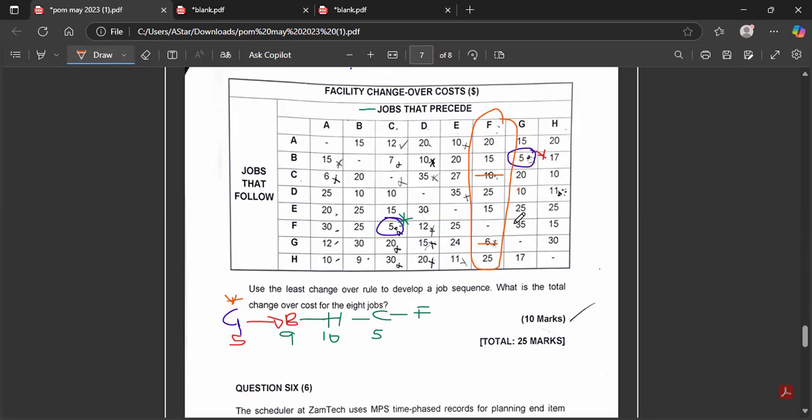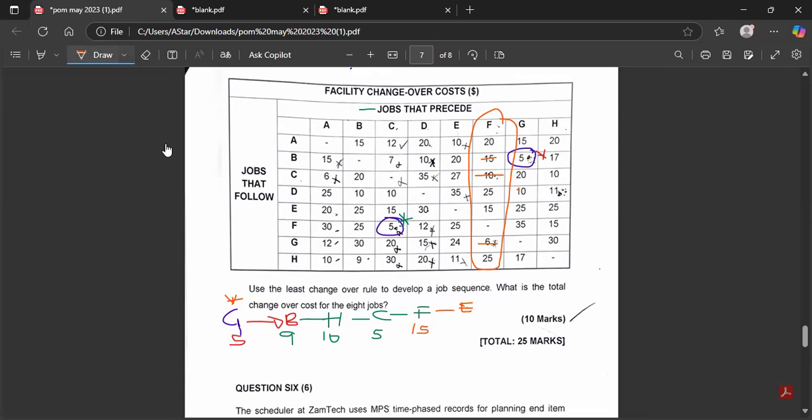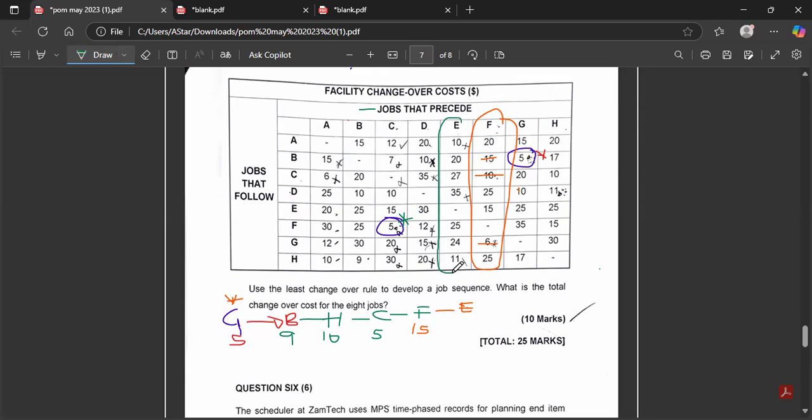There are two 15s, 15E and 15B. No, B is already taken, so this one is cancelled. So it will be 15, then you go to E. All together. Is that okay? Yes, that's fine. So E comes now. E is here. The smallest in E is what?